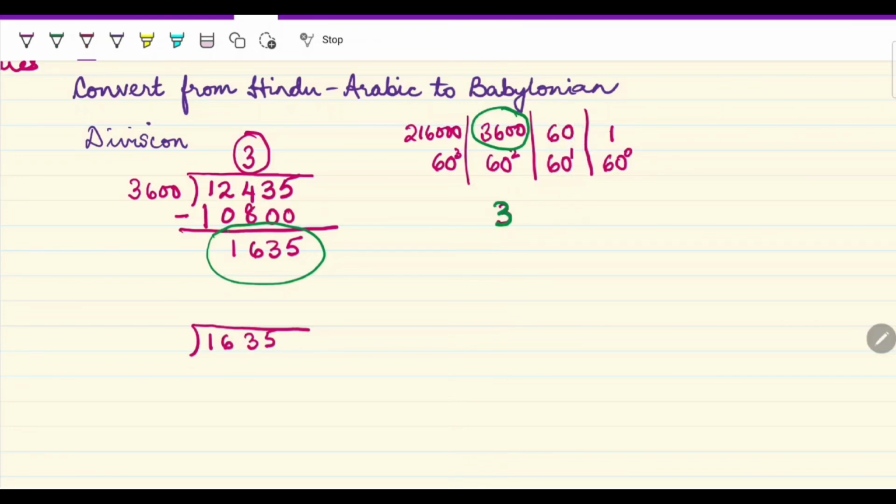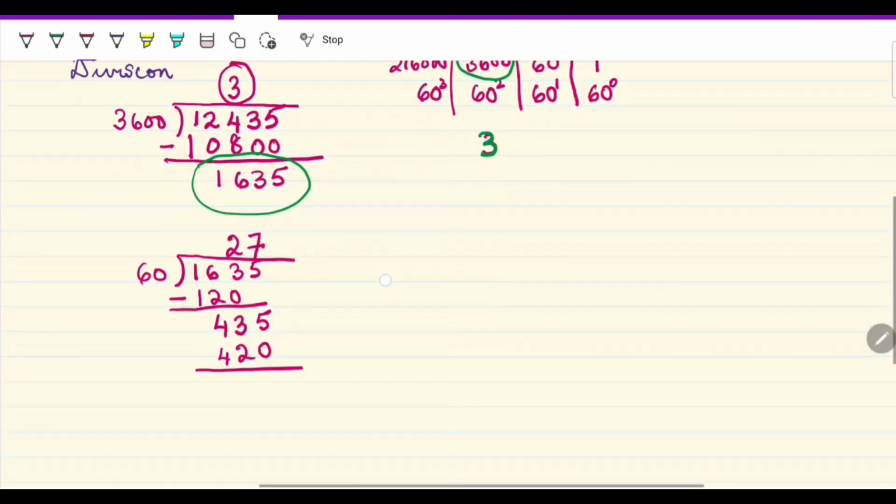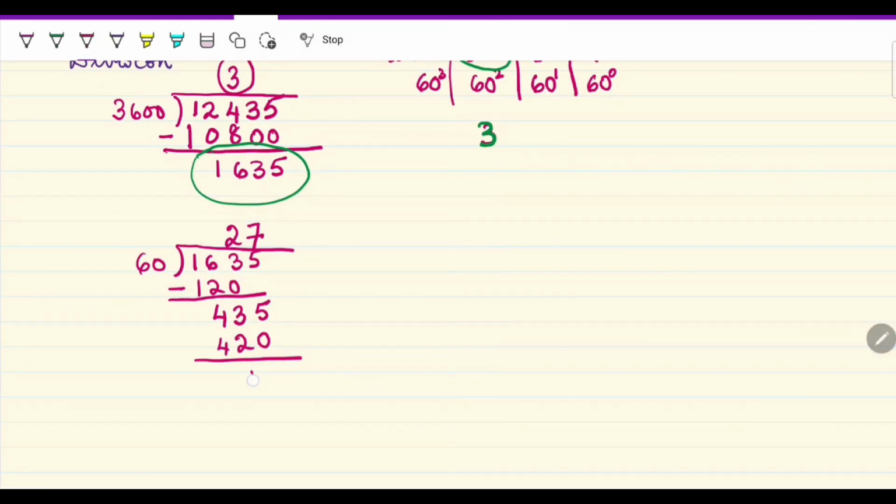So you're going to divide it by 60, and then let's do the process here. So 2 times 60 is 120. Subtract, we have 43, bring down the 5, and then 7 times 6 is 42, so 7, and then we have 420 for a remainder of 15. All right, 435 minus 420 is 15.